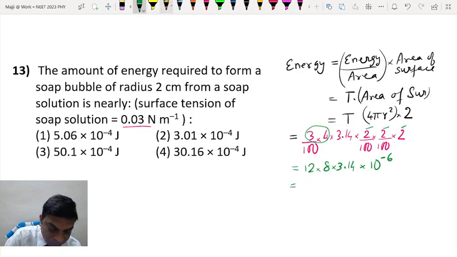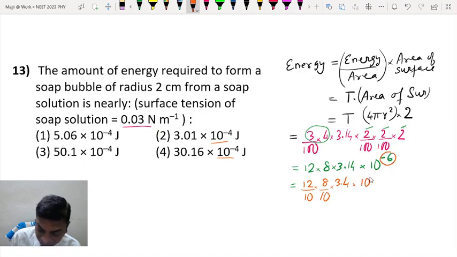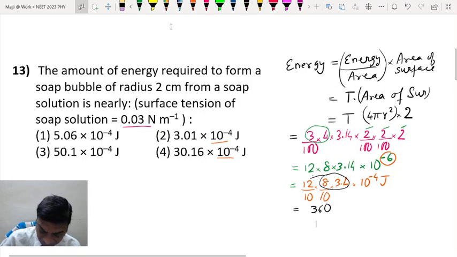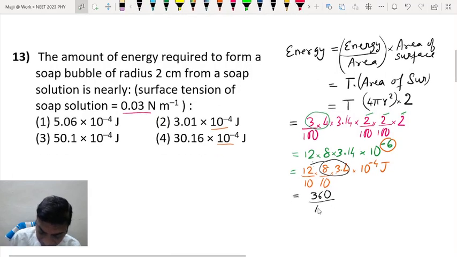So what I am going to do is this, because the options are in 10 power minus 4, I'll bring 100 below this and another 10 below this. Out of this I have taken two powers of 10, so I will end with this. So this is approximately 8 into 24, 24 can be treated as 25. 25 into 12 is around 300, by 100.